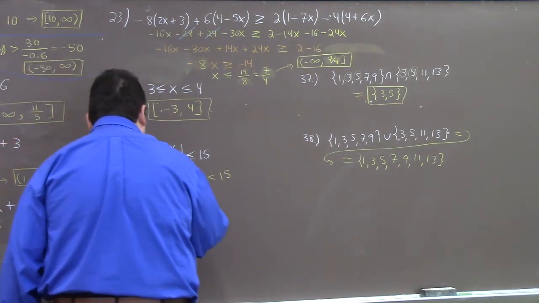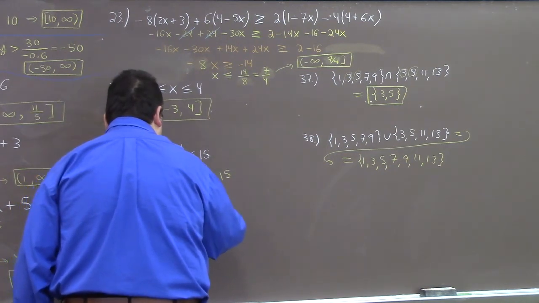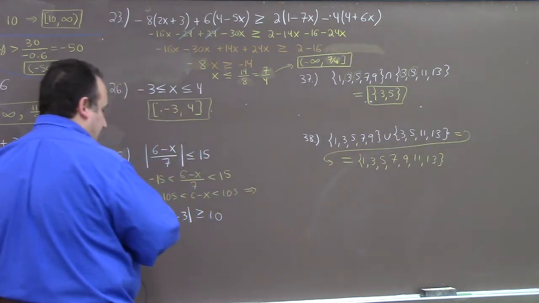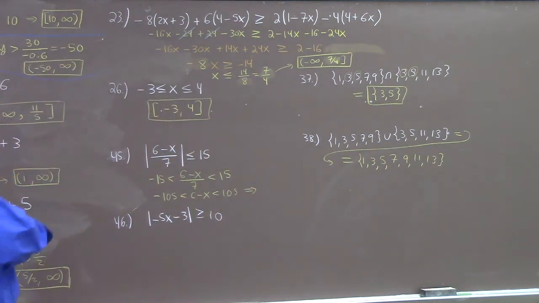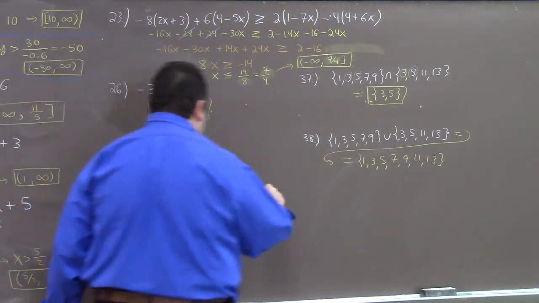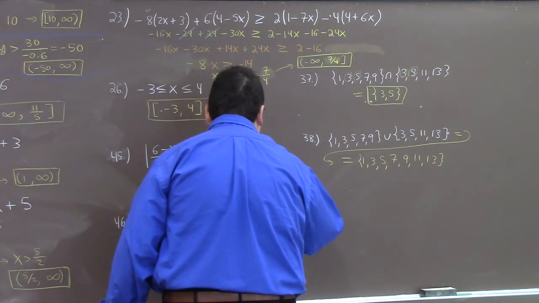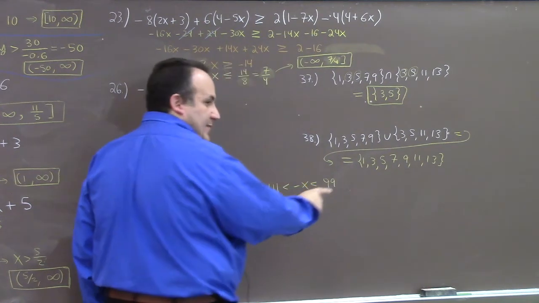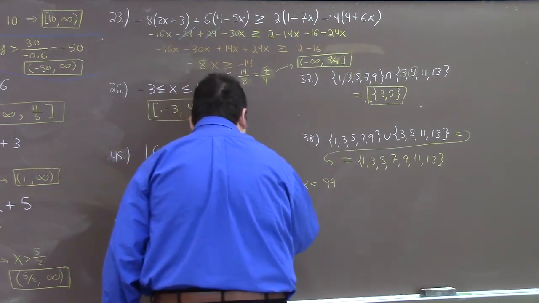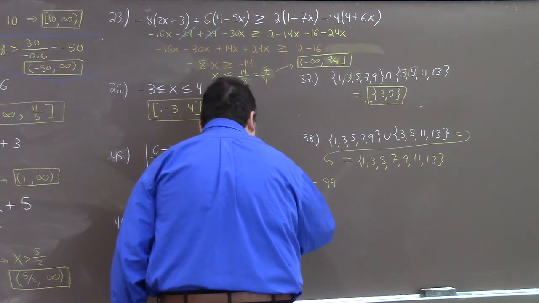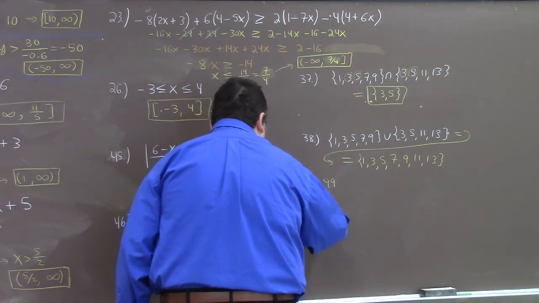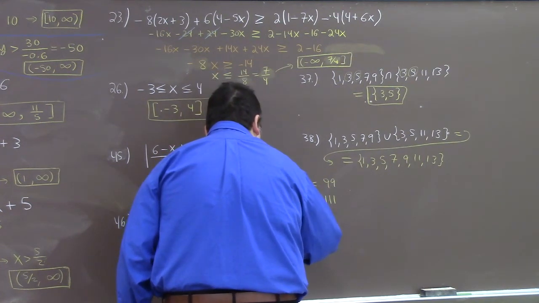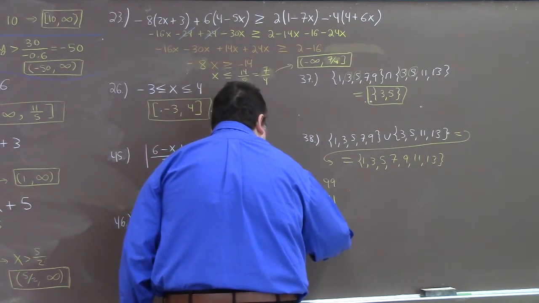So this gives us minus 105 less than 6 minus x less than 105, which then, if you subtract 6 across that, you get minus 111 less than minus x less than 99, which then multiplying by minus 1 flips the inequality and gives you minus 99 is less than x is less than 111. So answer, minus 99 to 111.